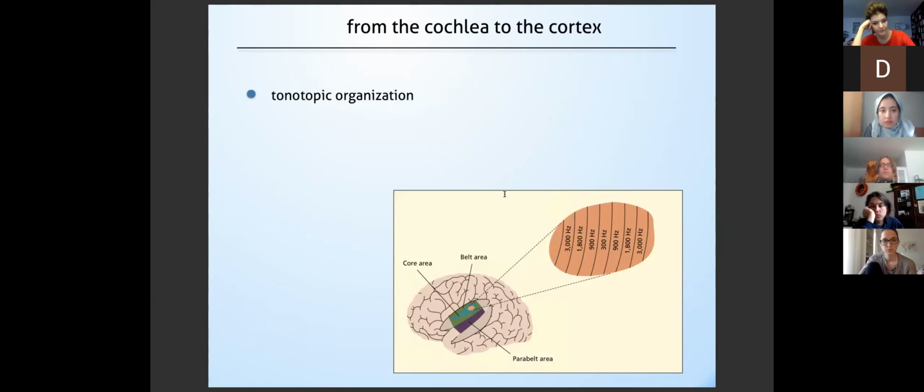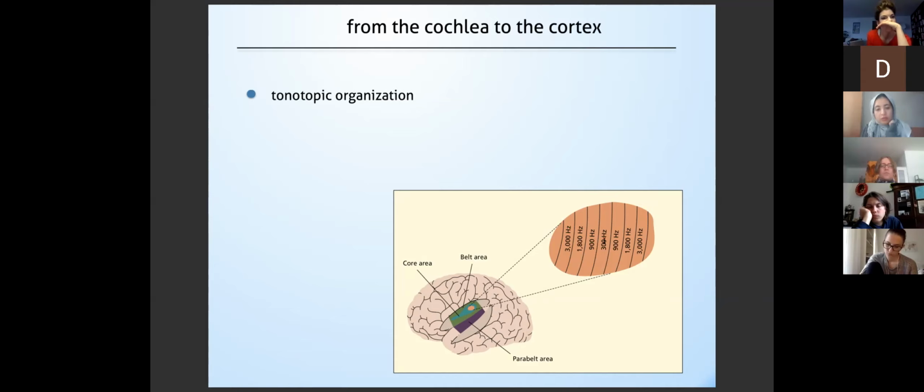Now, if you look at your primary auditory cortex, which is called Heschl's gyrus, which is this little orange part here, just like it happened with the somatosensory cortex, you have a map directly in the neurons of the cortex.